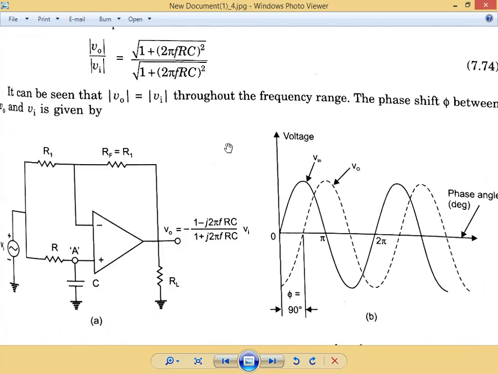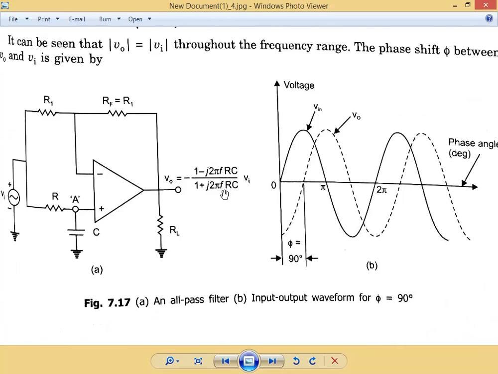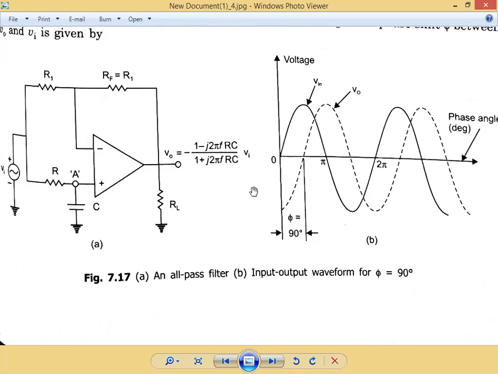That is pi, or pi by 2, that is, 90 degrees phase shift.